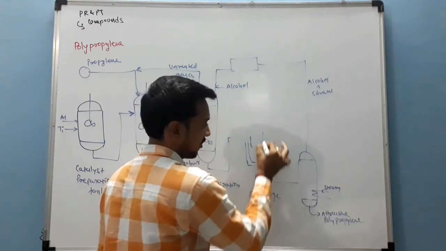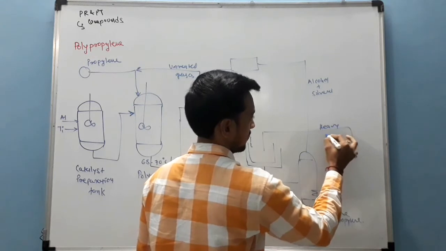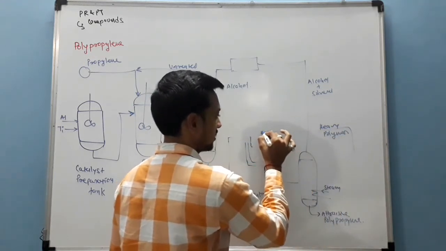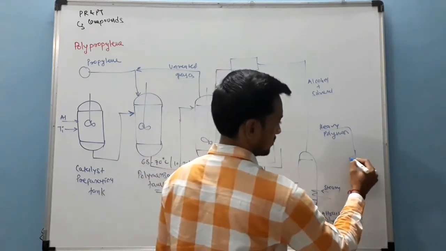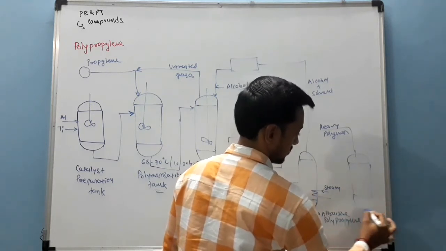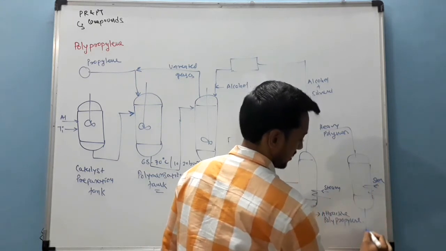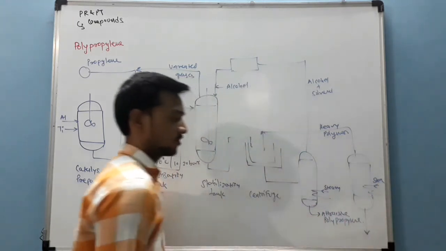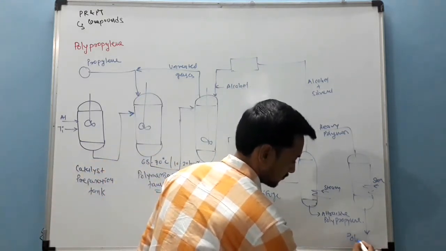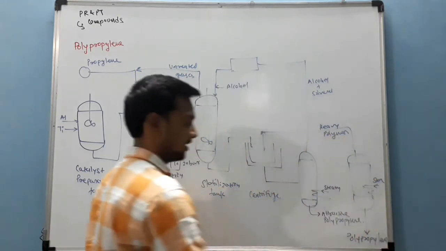Now heavy polymer from the top of the centrifuge is sent to another stripper, which is also a steam stripper, and from the bottom we get our product polypropylene.